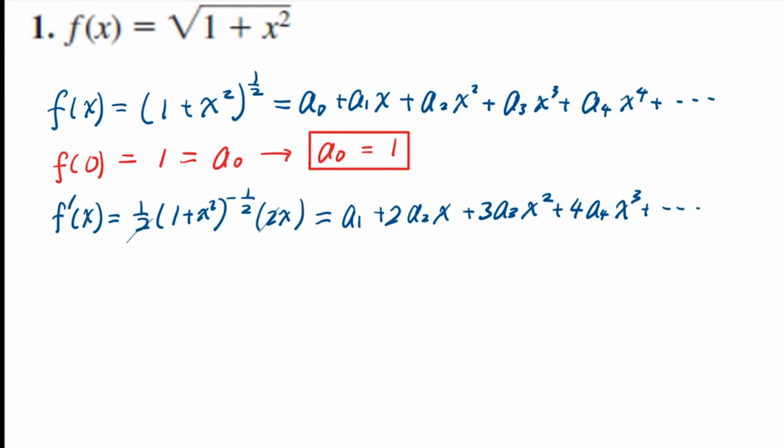Okay, now we're going to substitute 0 again. If I substitute 0 because of this 2x term, the whole thing becomes 0, right? Say yes. Okay, and then we have on the right-hand side a1, and that's it.